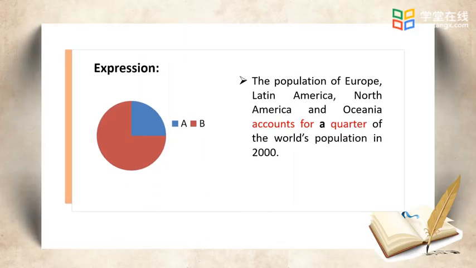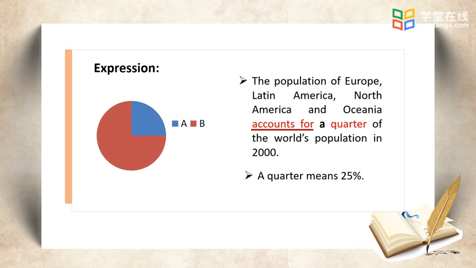When A constitutes exactly 25% of the total amount, we could use the expression a quarter. Let's see an example here. The population of Europe, Latin America, North America, and Oceania accounts for a quarter of the world's population in 2000. Account for is what we have already discussed. A quarter means 25%.